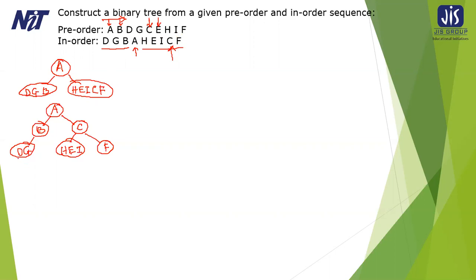Now among D and G, who is the root? D comes first. So D is the next root among D and G.